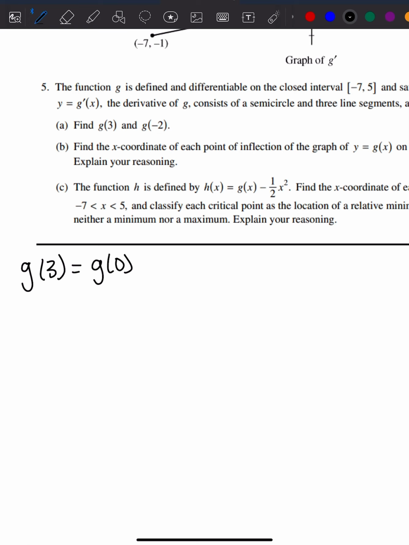So we have g of 0 plus the integral from, that's now our starting point, 0 to 3 of g prime of x. G of 0 they gave to us, so it's 5 plus.